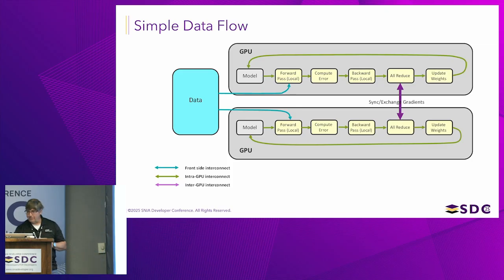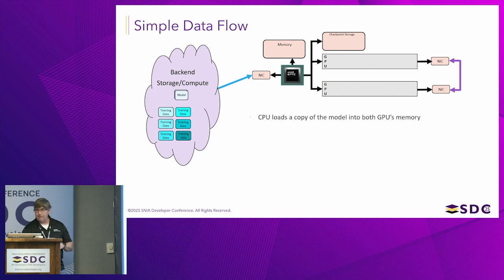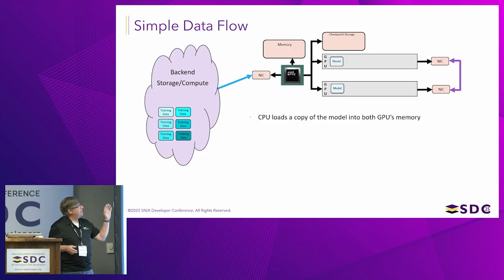So I put together this little animation to show what happens when you're doing this. In this case, I used 2 GPUs. You're loading the data from your back-end storage up through the CPU that's controlling the GPUs, and it places a copy of the model in each GPU.